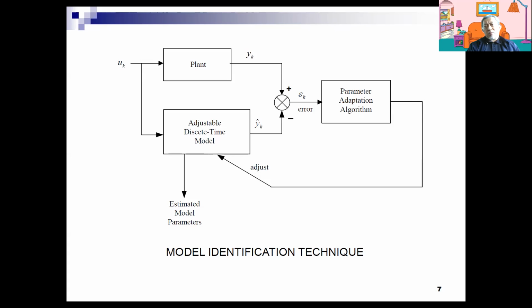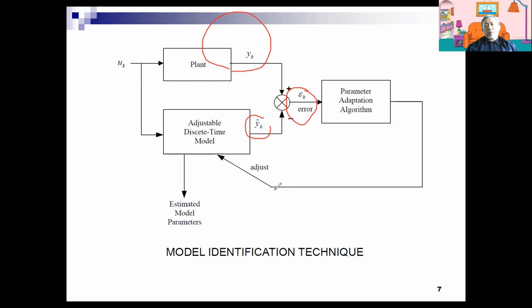We call it the parameter adaptation algorithm, so that it gives you a very small error, or what we call the mean squared error, where you have the estimation yk and the real value, which are compared, and then this error is fed to the parameter adaptation algorithm, and the algorithm will adjust the parameters of the discrete-time model, and then give you the values of the estimated parameter model.